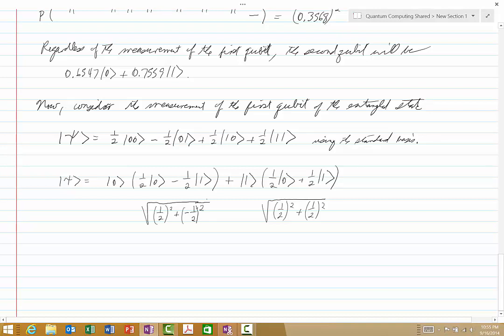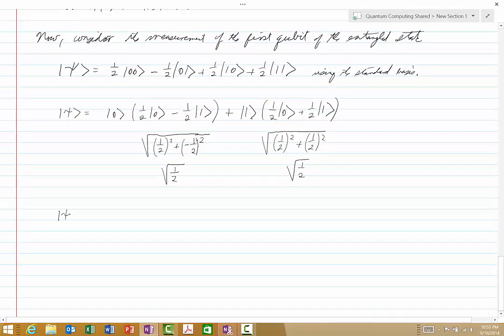Okay? And of course in each case that becomes square root of 1/4 plus 1/4, which is 1/2, square root of 1/2.